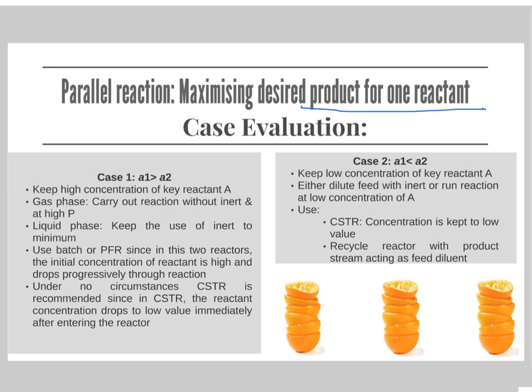Recall, RD over RU equals KD over KU CA^(alpha1 minus alpha2). Now, imagine that alpha 1 is bigger than alpha 2, where alpha 1 is from the desired product.